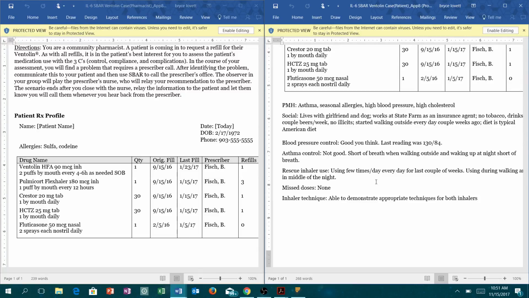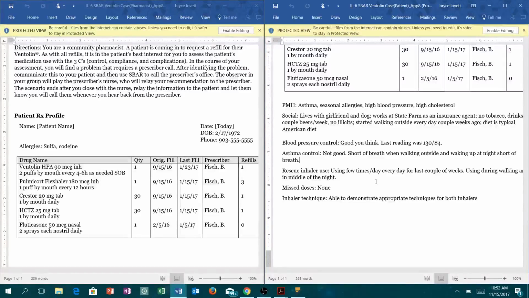I'd probably go ahead and recommend you go see your doctor soon, maybe in the next week or as soon as possible, to see if he can recommend either upping the dose of your inhaler or changing to something else. I'm going to fax a note to your doctor describing the situation, if that's okay.